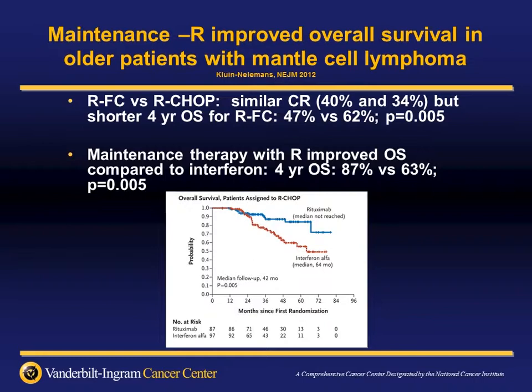And it was basically a fludarabine-based regimen versus R-CHOP, and they had similar CR rates, but shorter 4-year survival for the fludarabine-based regimen at 47% versus 62%. But maintenance therapy with rituximab improved overall survival compared to interferon, which was another maintenance regimen. So this suggested that there may be a role for rituximab maintenance in mantle cell lymphoma.